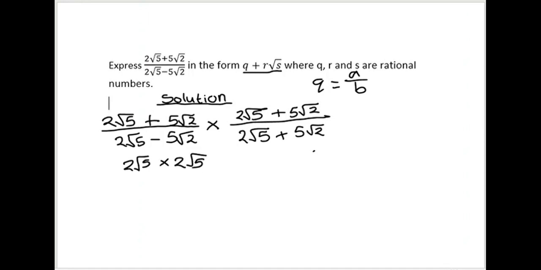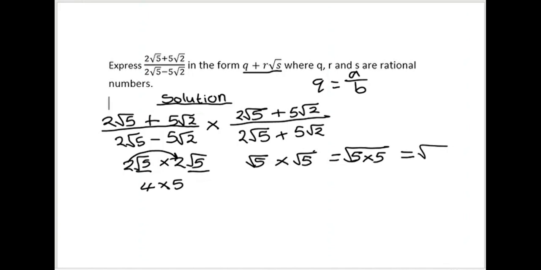Okay, so 2 times 2 is 4. Root 5 times root 5 is 5, because according to the first rule of surds, when we have the same surd multiplied under different roots, it is still the same thing as them being multiplied under the same root.